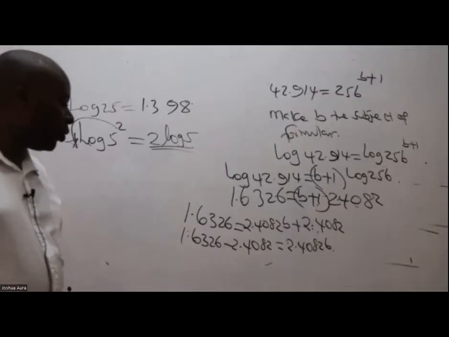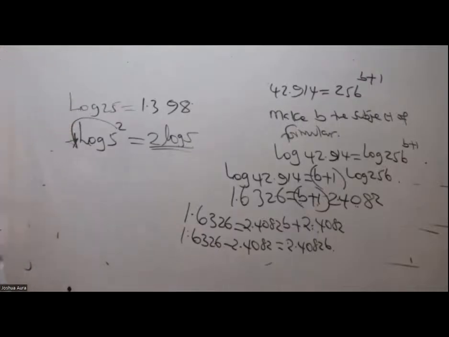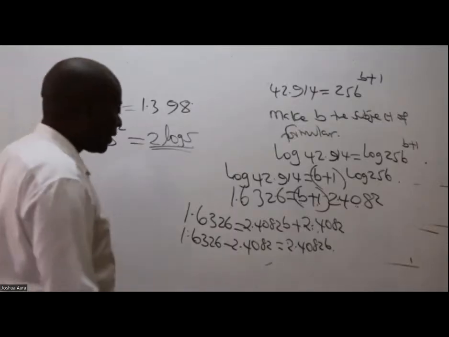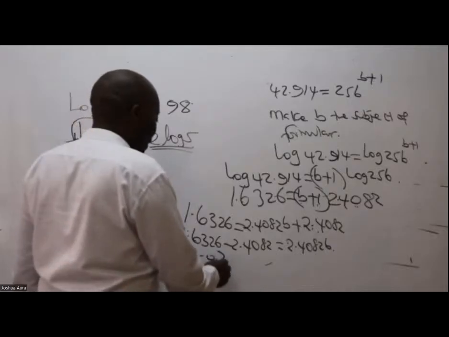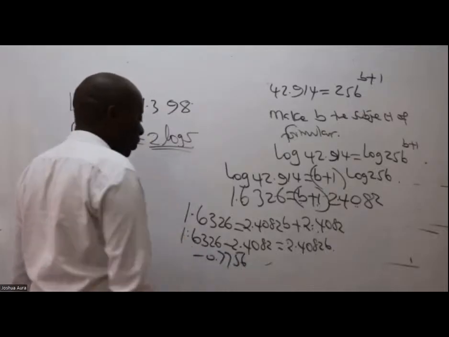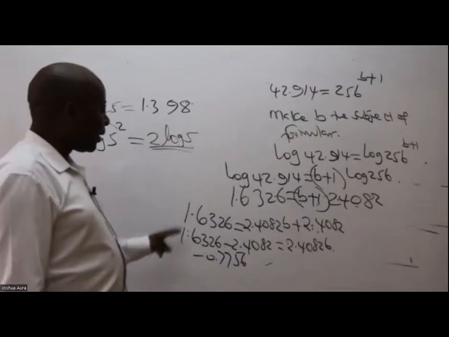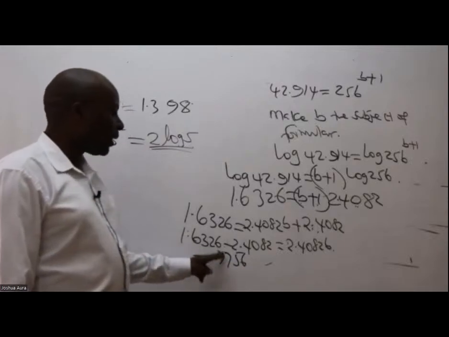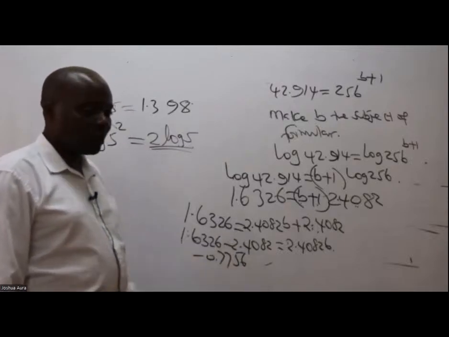Seemingly, minus 0.7756 is common. Helen, take there 1.6326 minus 2.4082.